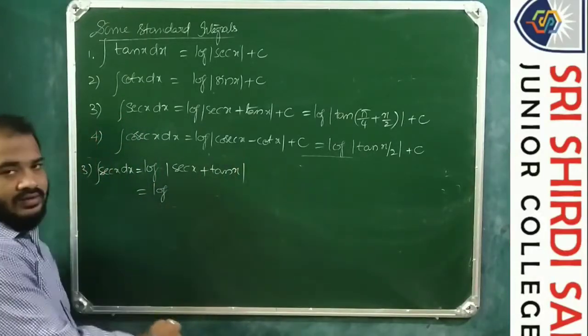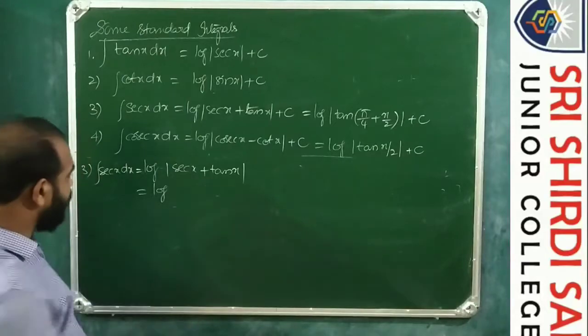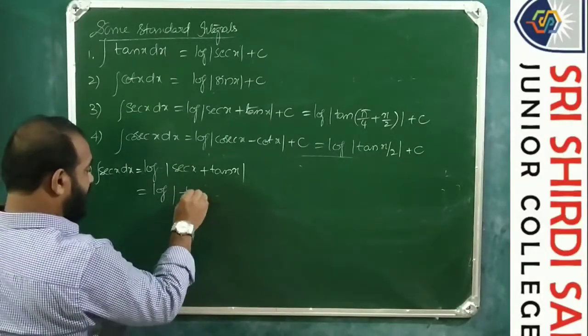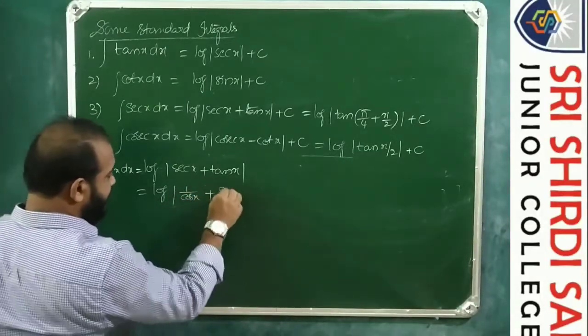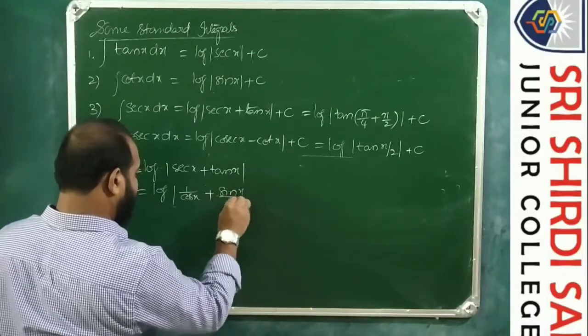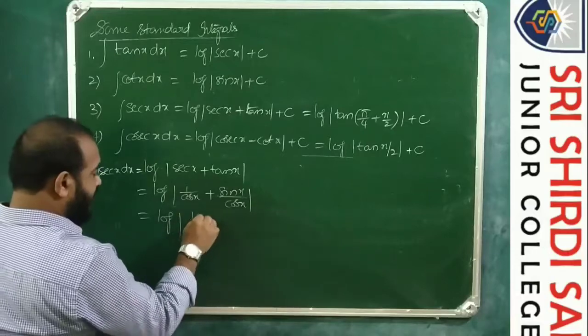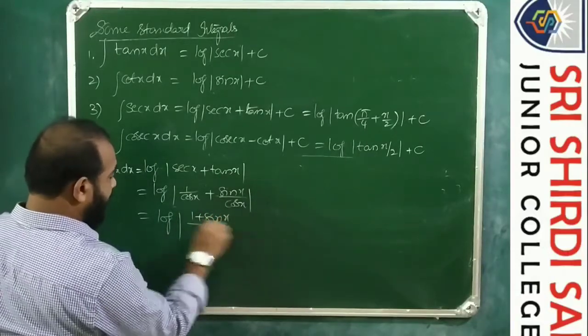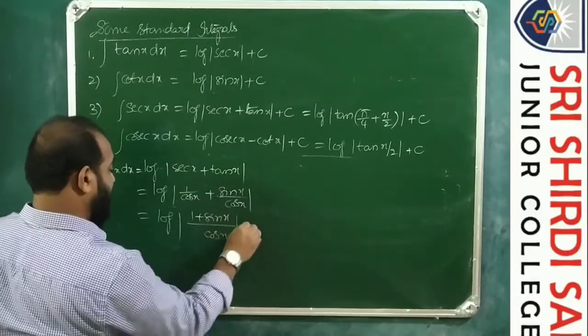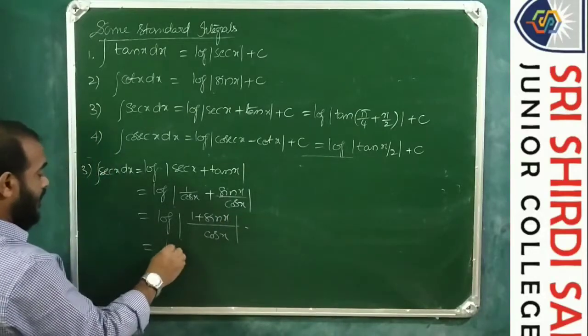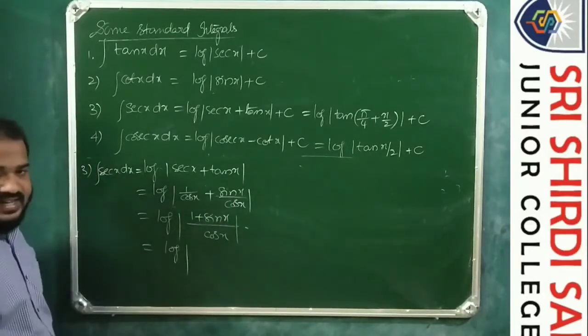We can add this plus c at the end. Now secant x is 1 by cos x, and tan x is sin x by cos x. So this is log of 1 plus sin x by cos x.